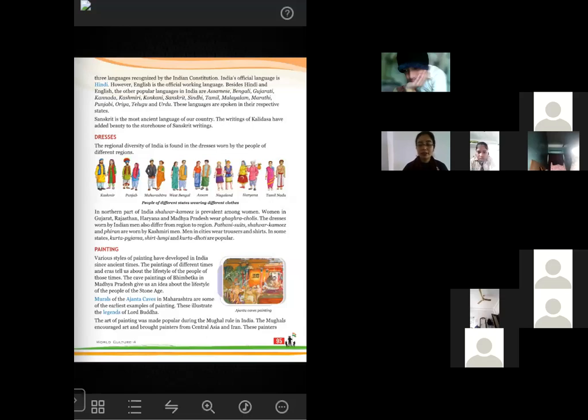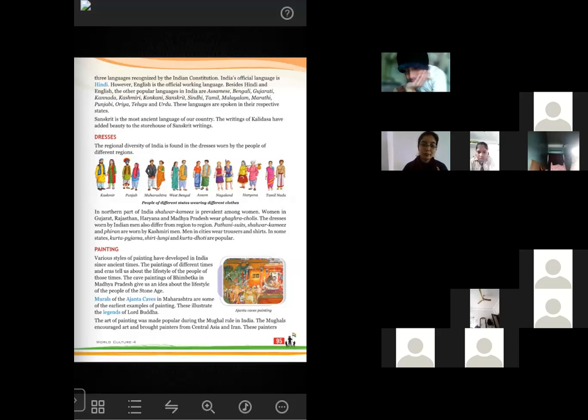People have drawn many paintings using stones on the walls of the caves. They also illustrate, that means they also tell us about the legends of Lord Buddha. So in the walls of the Ajanta caves, people have painted, they have made models, they have made idols that tell us about the legends, the stories of Lord Buddha.